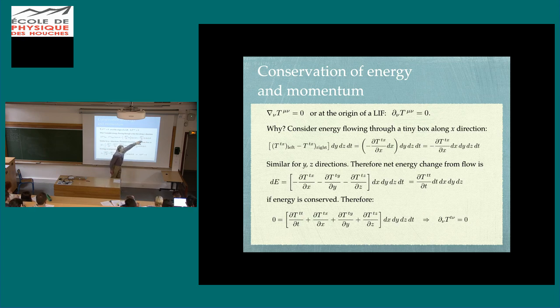And so the net amount of energy that has flowed into the box due to this motion is going to be equal to that expression at the end here. Does that make sense? And you do the same thing for the y and z directions. So the net energy change inside the box due to the flow is just the sum of those things.